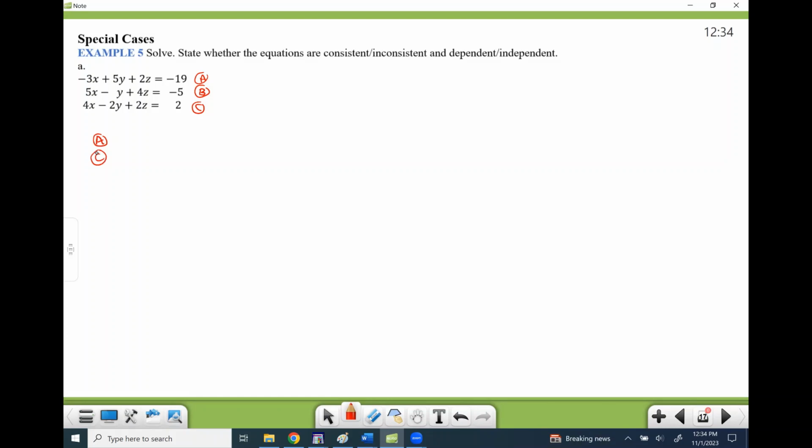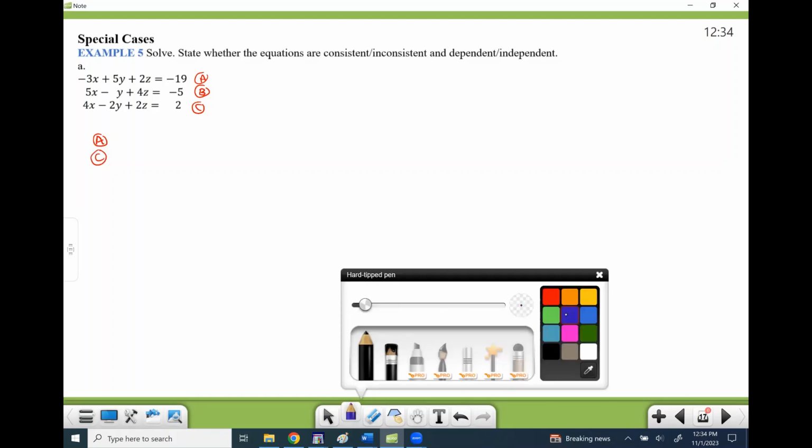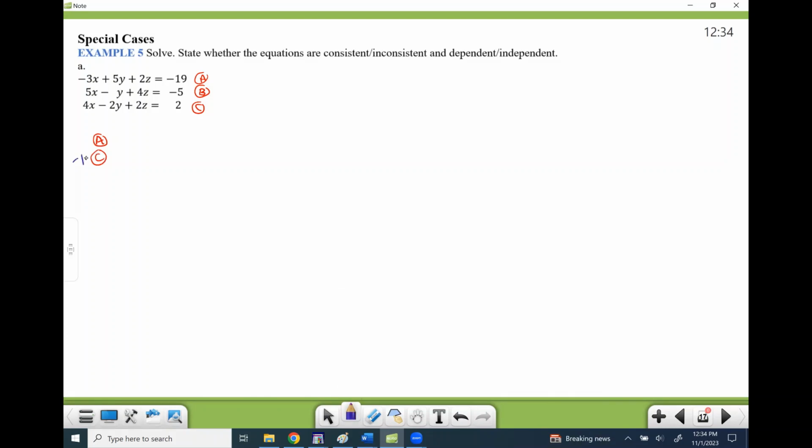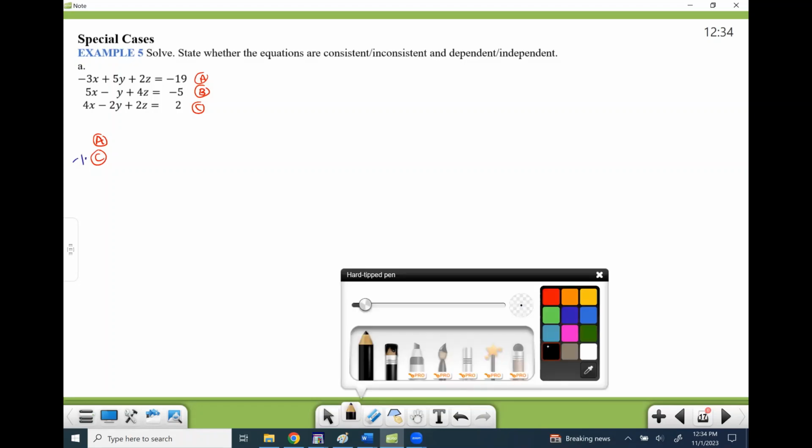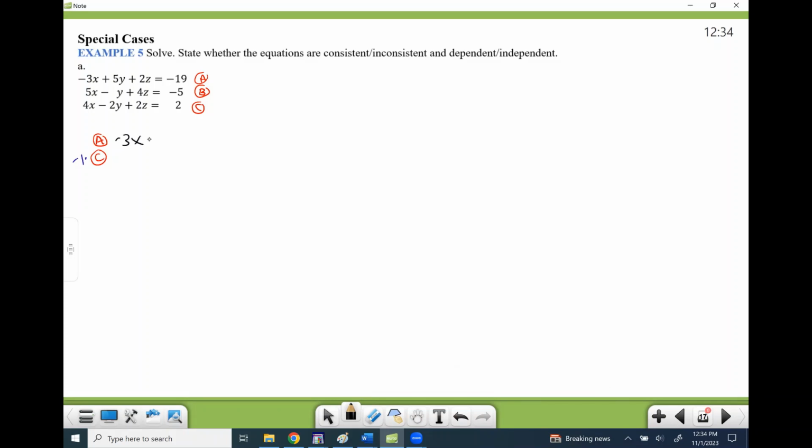They're already both 2's. I would just need to multiply by a -1 to one of them. Doesn't matter which one. So let's say I multiply the bottom C by -1. So when I write C down, I'm going to change all of its signs. Okay, so let me change all these signs.